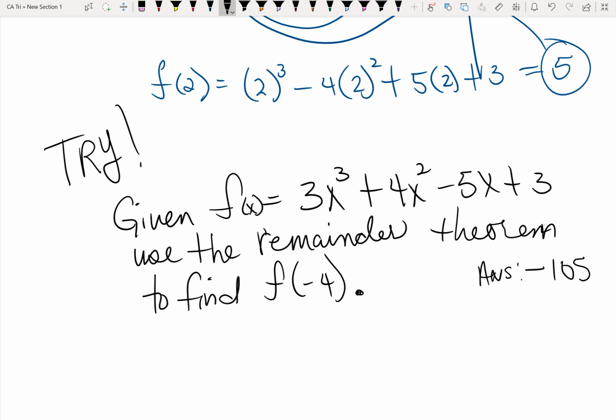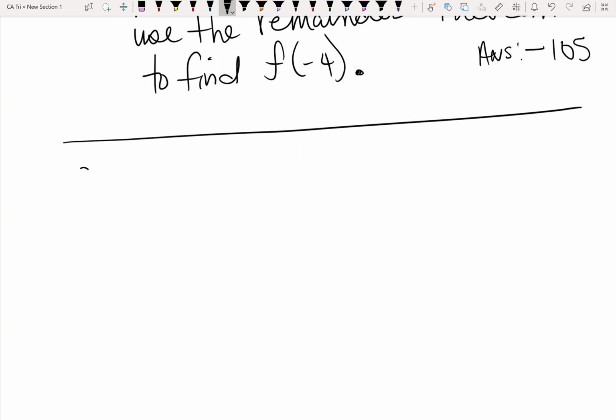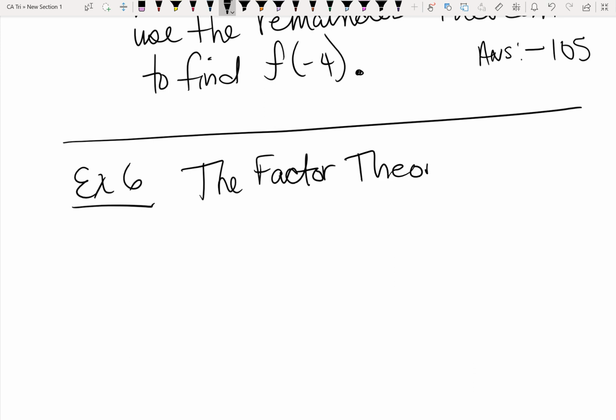So let's talk about example 6. Example 6 is the factor theorem. That's the last example that I have for you today. In this case, let f of x be a polynomial.